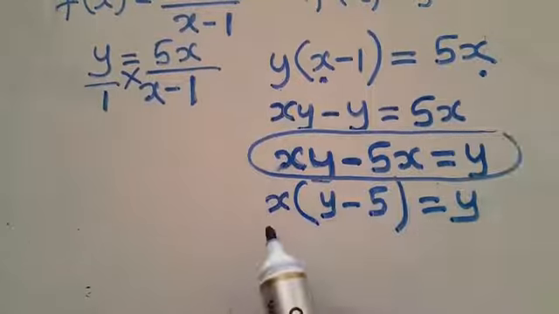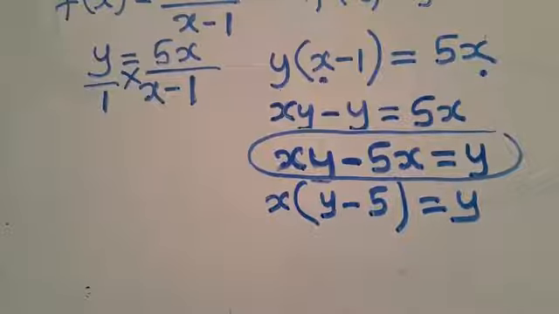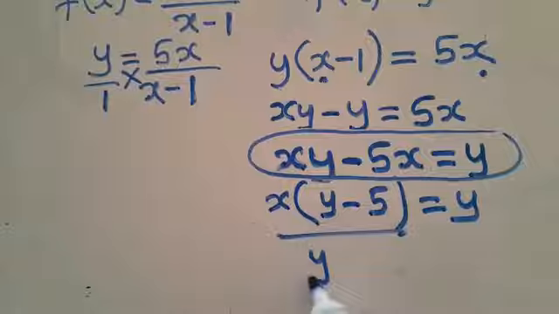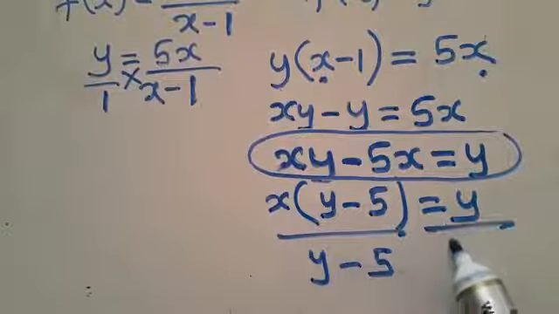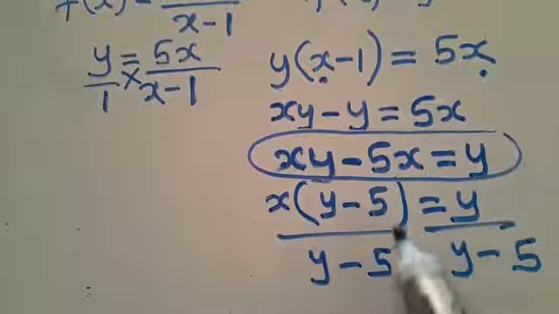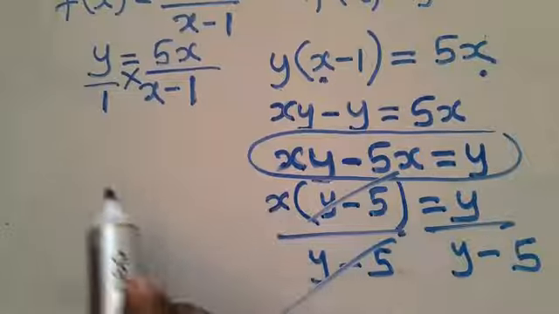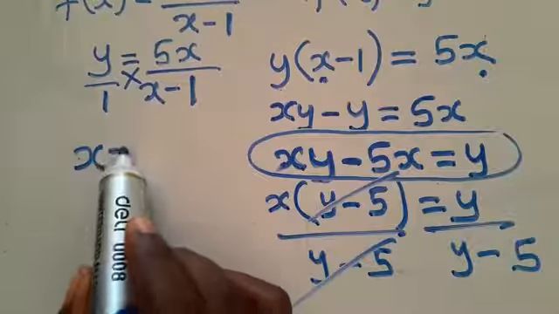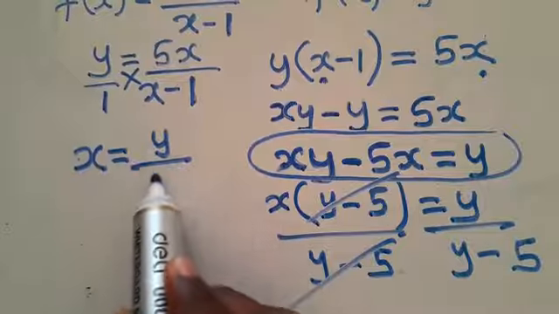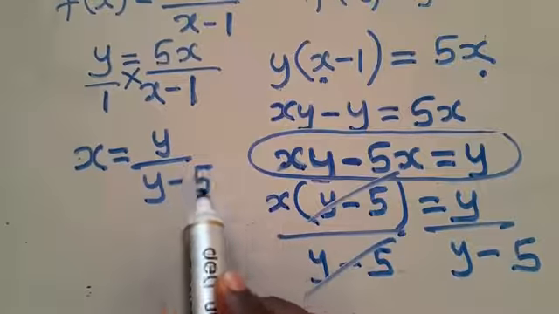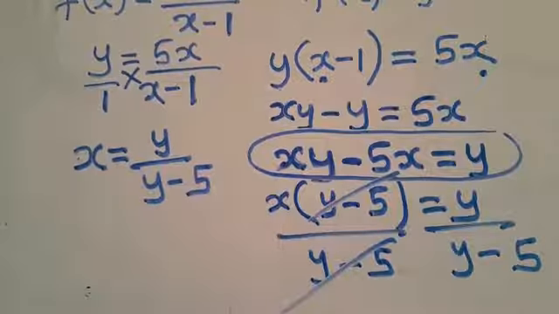So you say over y minus 5, y minus 5. These two are going to cancel out. You're going to remain with x, which is here. You're going to say x is equal to y over y minus 5. As simple as that.